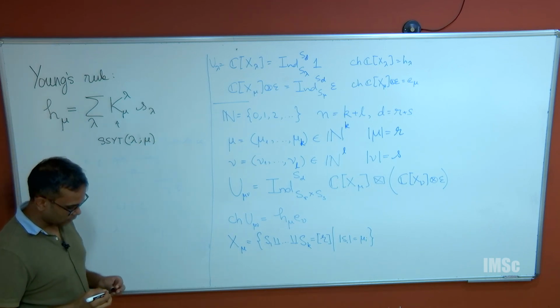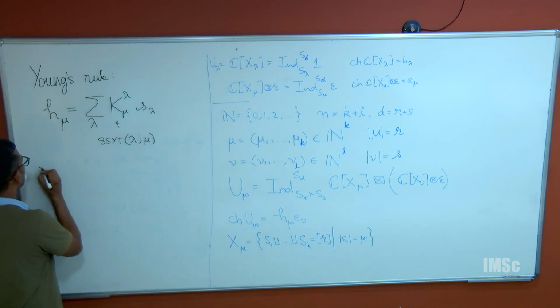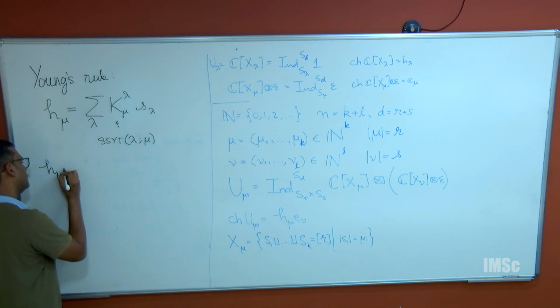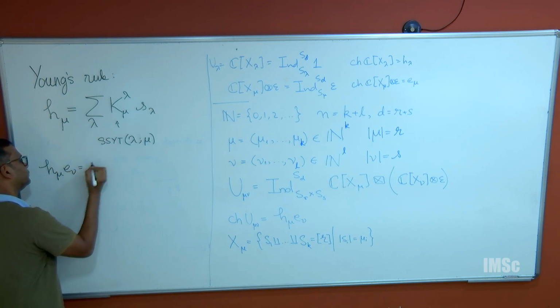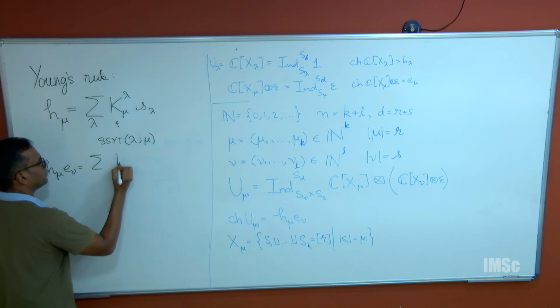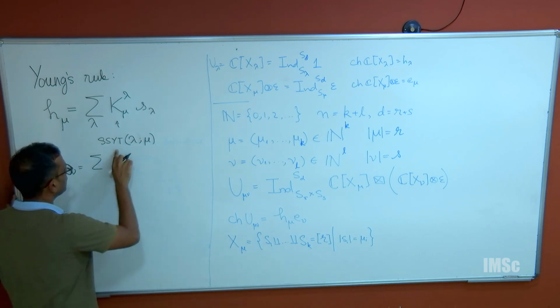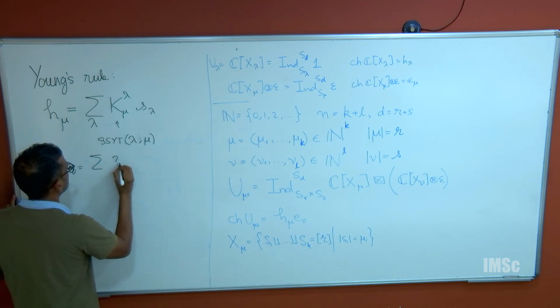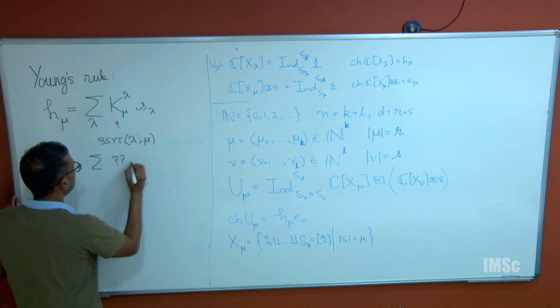So here is the question, what is h_mu e_nu? What are these coefficients? Now we are only working in ordinary symmetric functions.